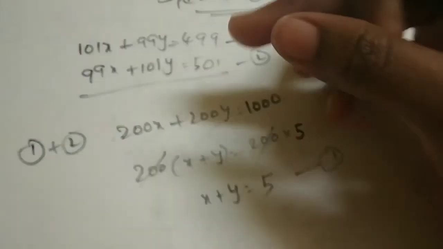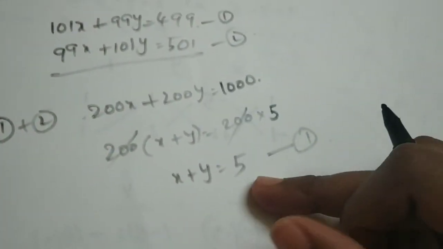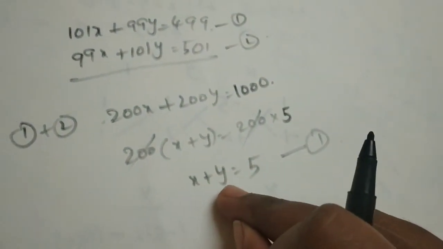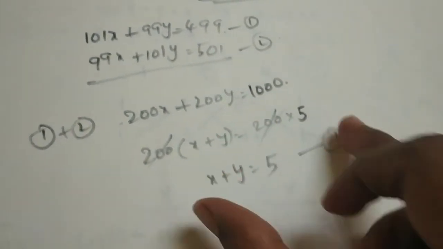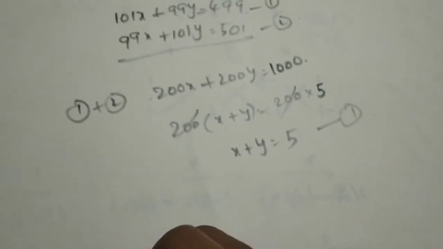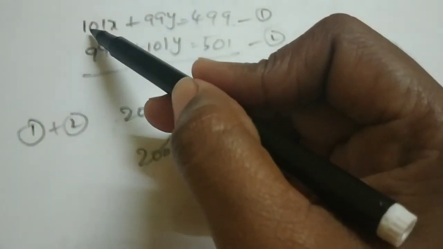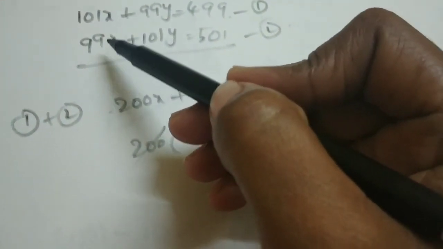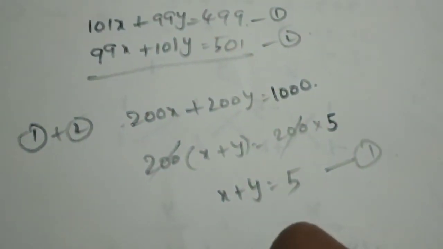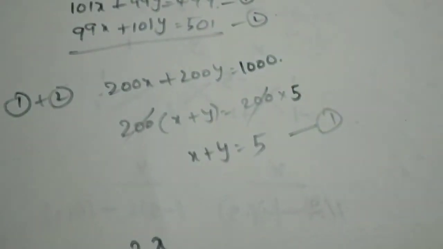Let it be 1. The huge linear equations we are going to simplify into simple linear equations; small coefficients you will get here. One time you add, then you will get one equation. One time you subtract the given equations, 101 and 99. Then how much will you get? 101x minus 99x is 2x.